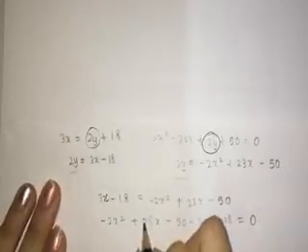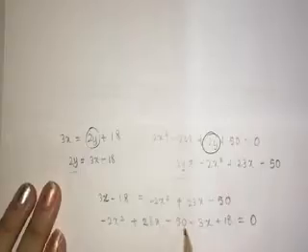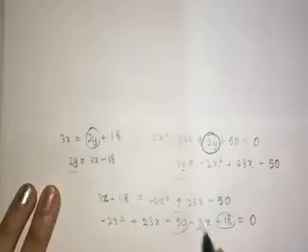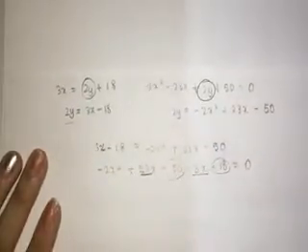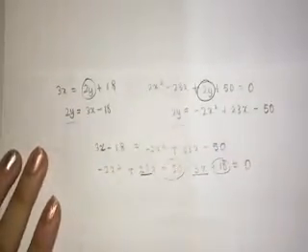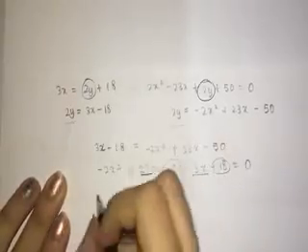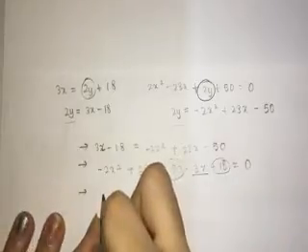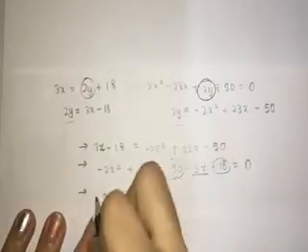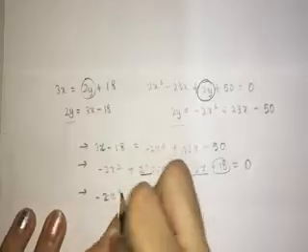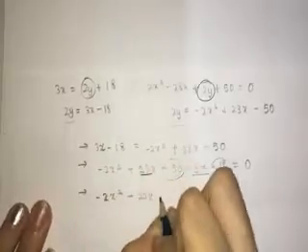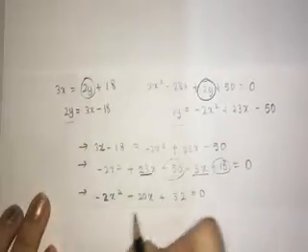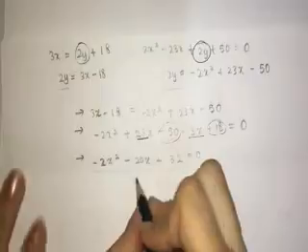We can further still solve this as we have x together, and this gives us minus 2x squared minus 20x plus 32, which now we see can be divided by 2 as all of them are divisible by 2.